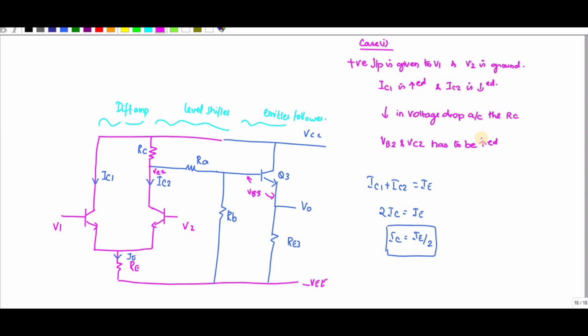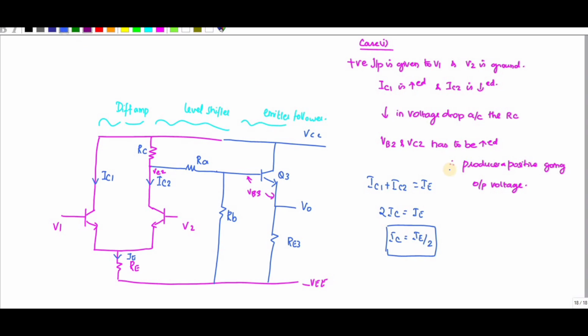Therefore it will produce a positive going output voltage. This is the first case.